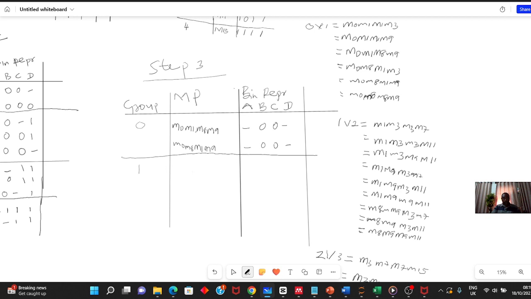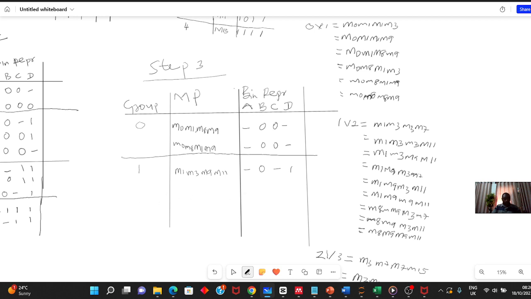So under the group of 1, if you do the pairing, what we are keeping is M1, M3, M9, M11. And the binary combination is dash 0 dash 1, right?